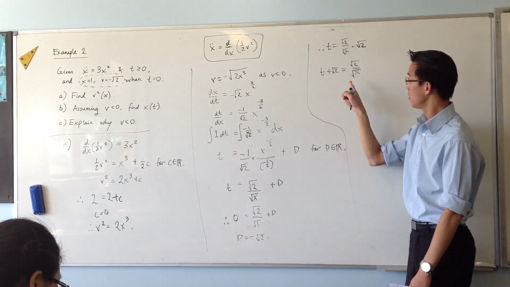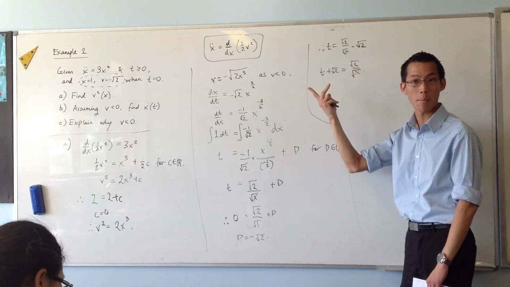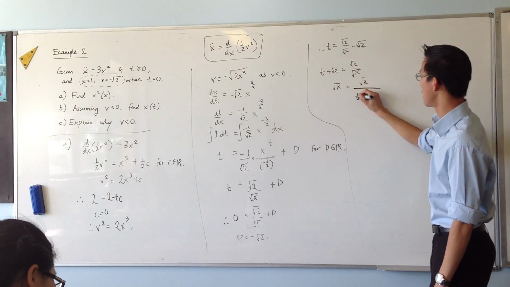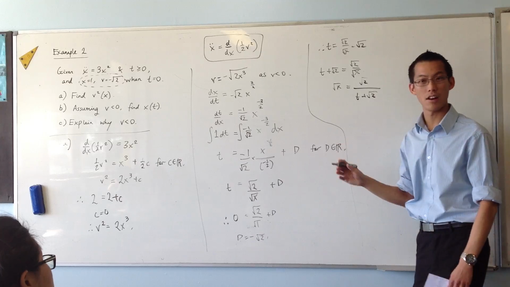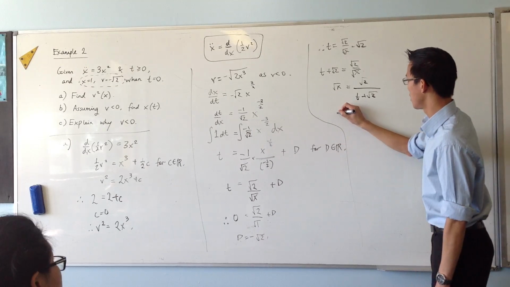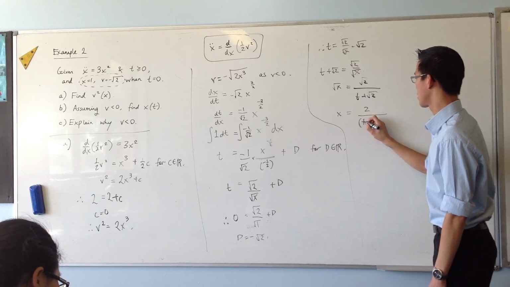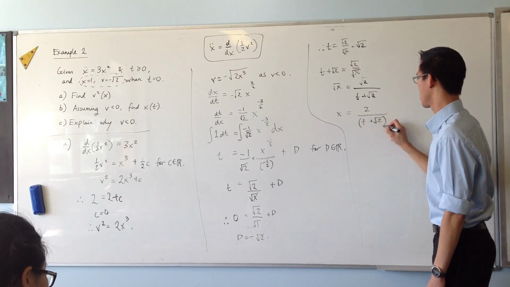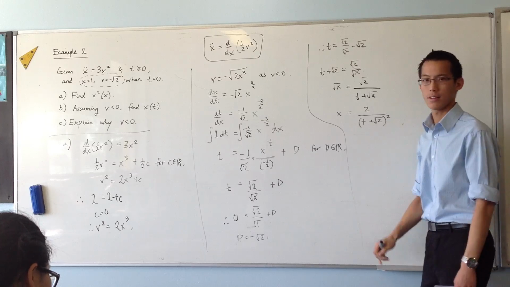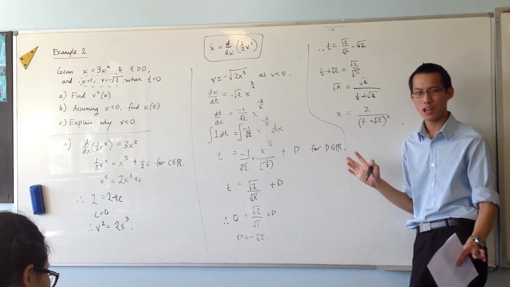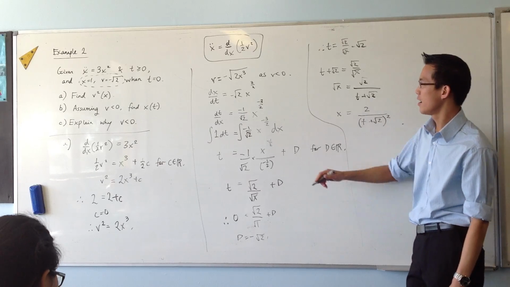Okay, so this denominator here and that numerator, I'm just going to swap them around. So root x, root 2 on that. And now I just square x. Ta-da!